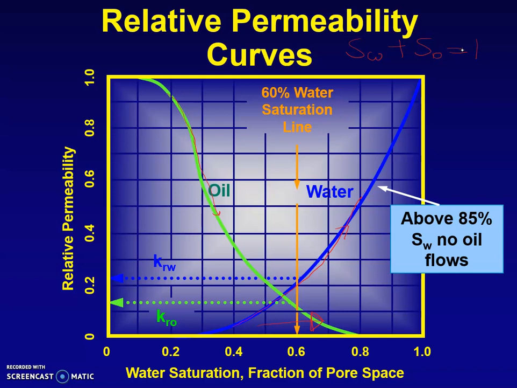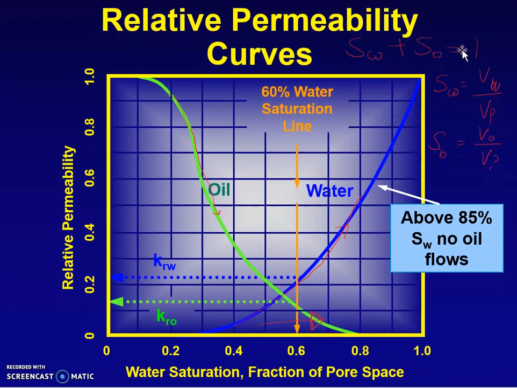So the higher the water saturation, the lower the oil saturation. The definition of water saturation is volume of water inside the rock divided by pore volume. Oil saturation is volume of oil divided by pore volume. That's the definition.